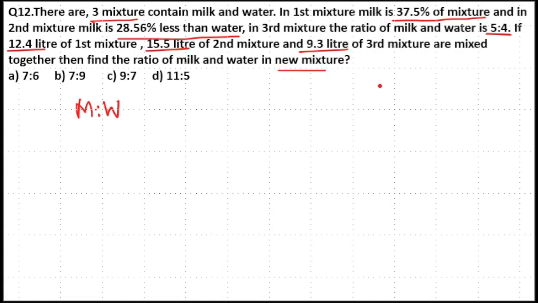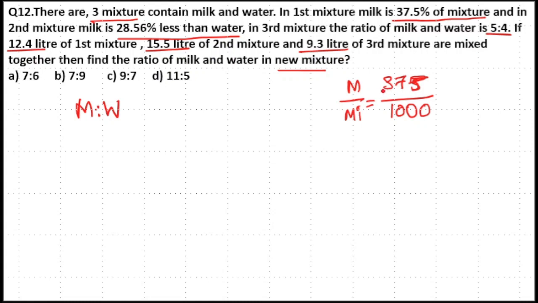In the first mixture, milk is 37.5% of mixture. That is 37.5% means 37.5 divided by 100. This is milk to mixture ratio. That is, if mixture is 100, milk will be 37.5 parts. So I will multiply 37.5 with 10, then this will be 1000.